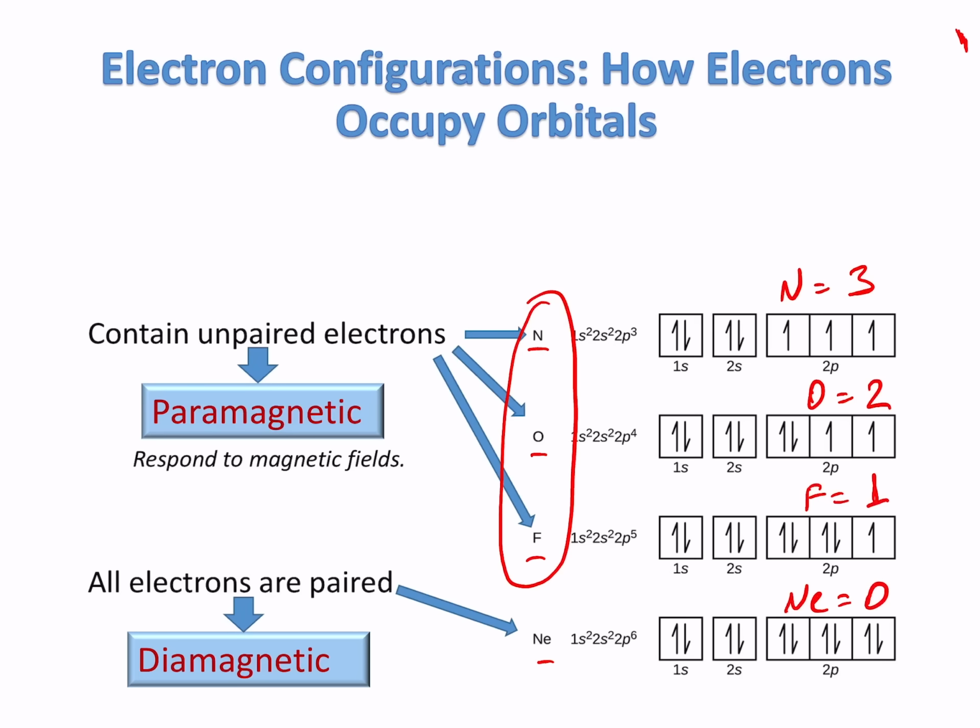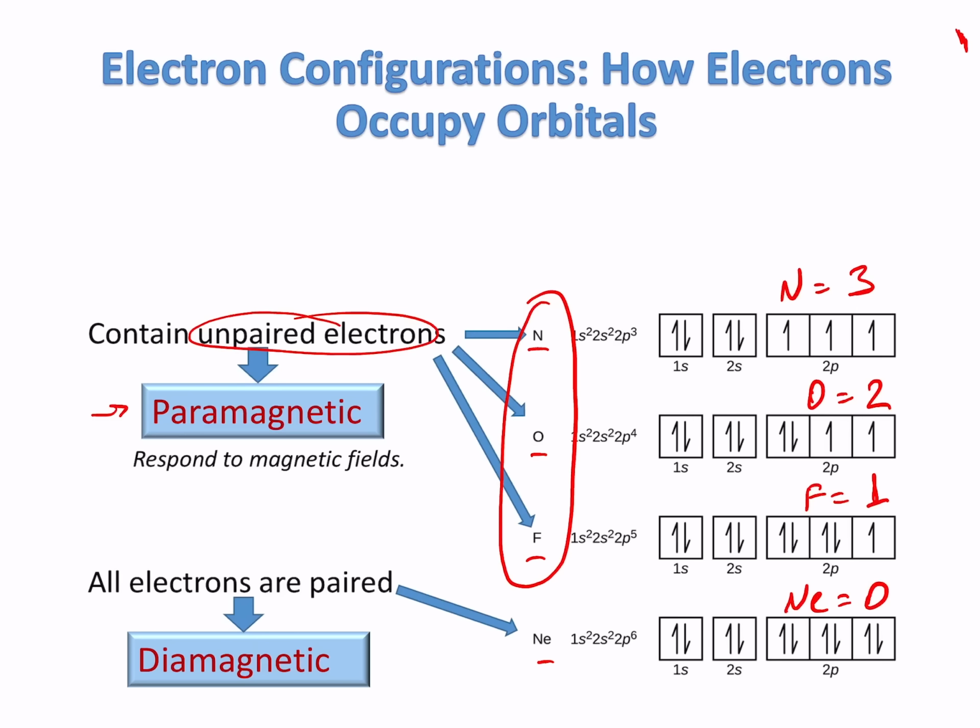Whenever you have unpaired electrons, we associate that with paramagnetic character for that material. Paramagnetic meaning it will respond to a magnetic field. So think about you have a magnet, and you put that magnet close to nitrogen, let's say. That nitrogen atom will be attracted to the magnet, so it will respond to that magnetic field.